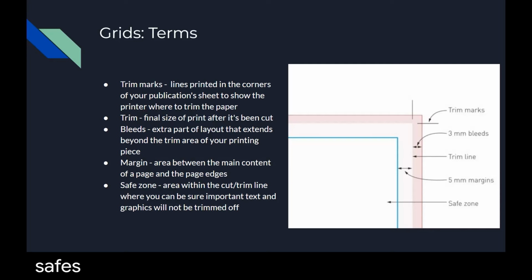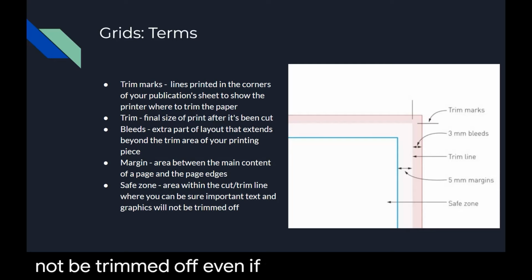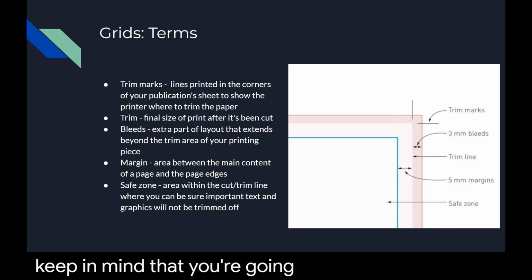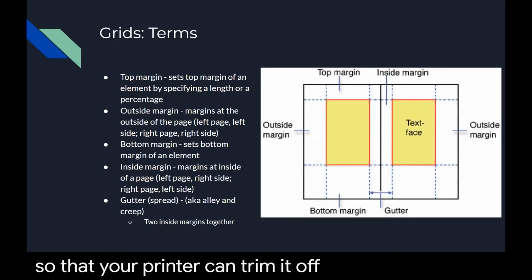The safe zone is the area within the cut and trim line where you can be sure that important text and graphics will not be trimmed off, even if the printer malfunctions and prints outside of its expected space. So you should always leave a little bit of margin, and then keep in mind that you're going to have a bit of bleed so that your printer can trim it off.